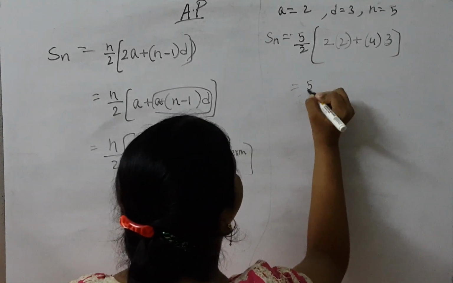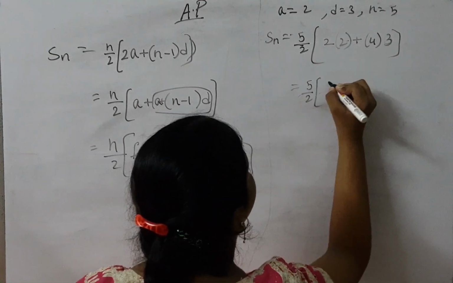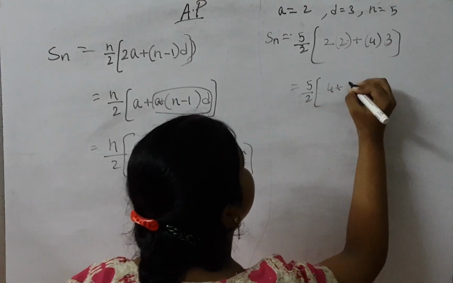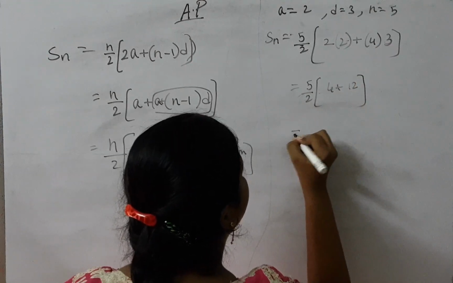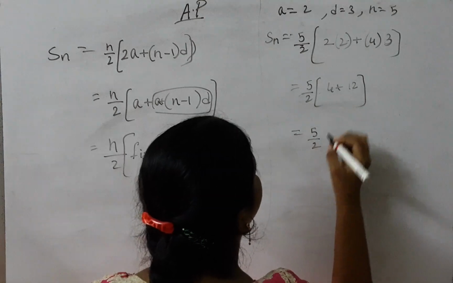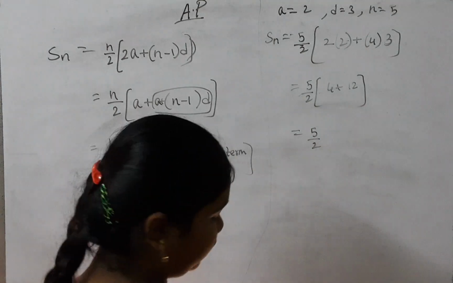That is 5 by 2 into 4 plus 12, which is 16.